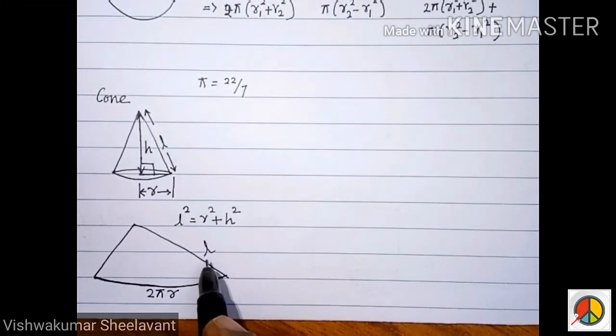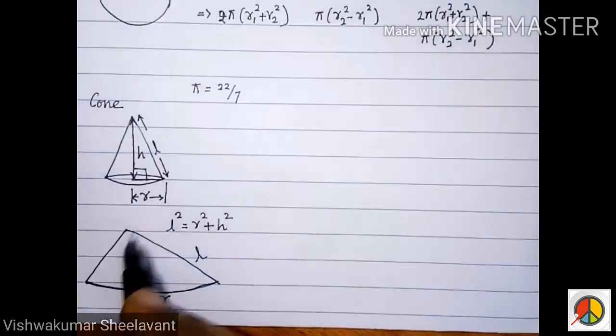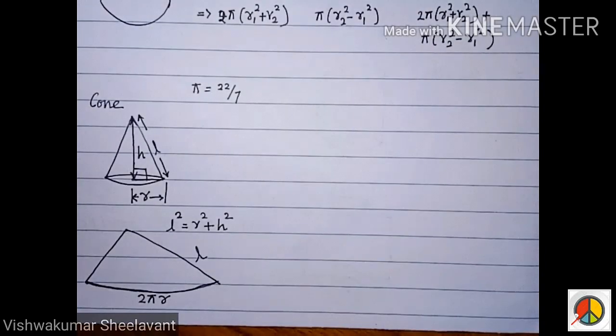Here, for calculation of CSA, we take slant height of the cone itself as height of the triangle. That means half into 2 pi r, 2 pi r is base, into L. That will become CSA.